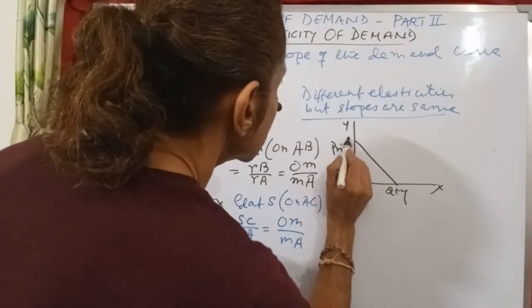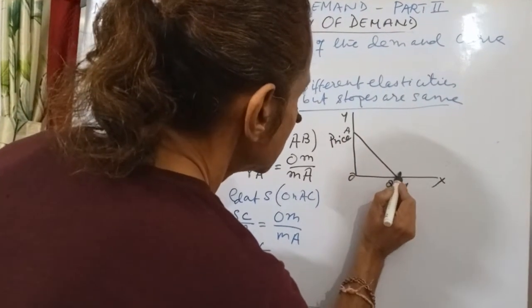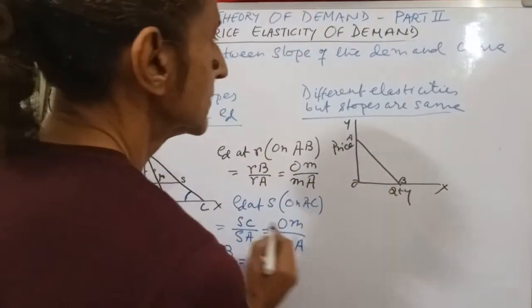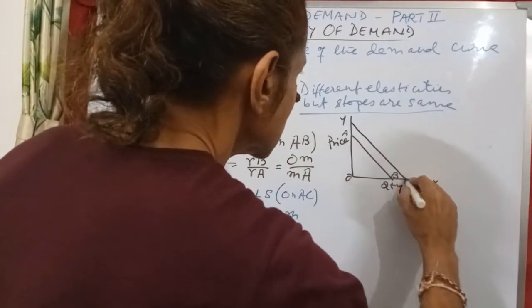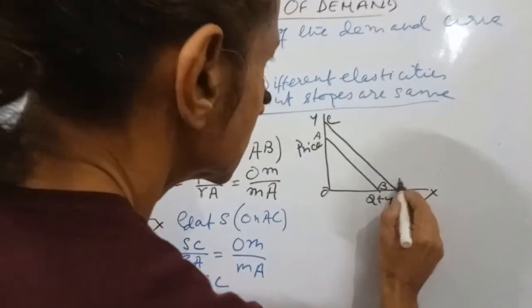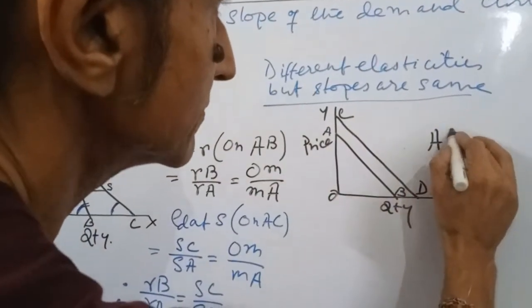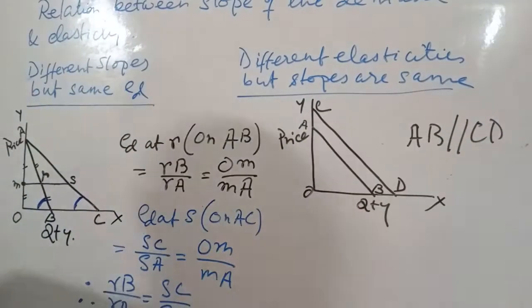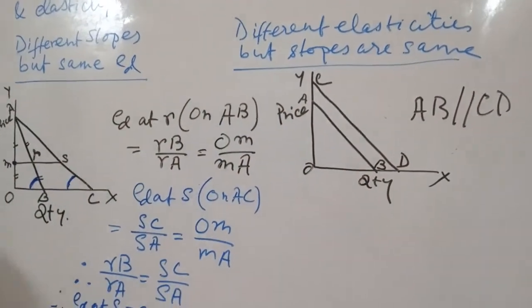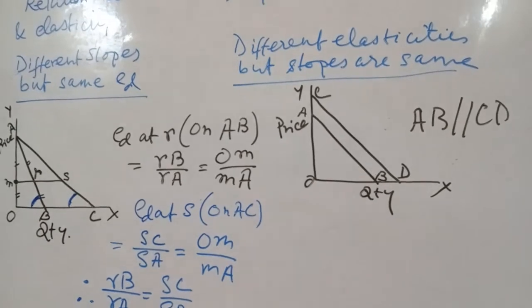Let this demand curve be AB, and let this demand curve be CD. AB is parallel to CD. Demand curve AB is parallel to demand curve CD.